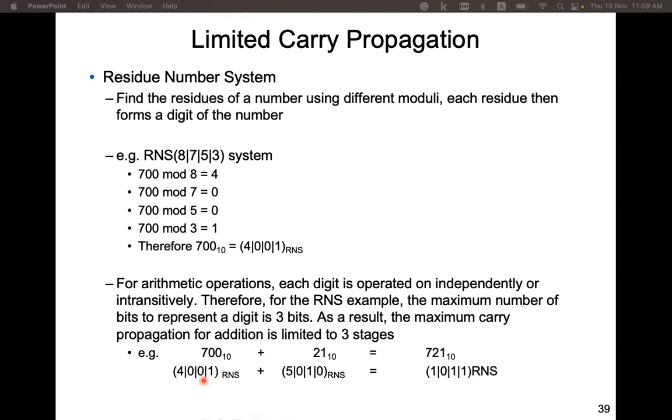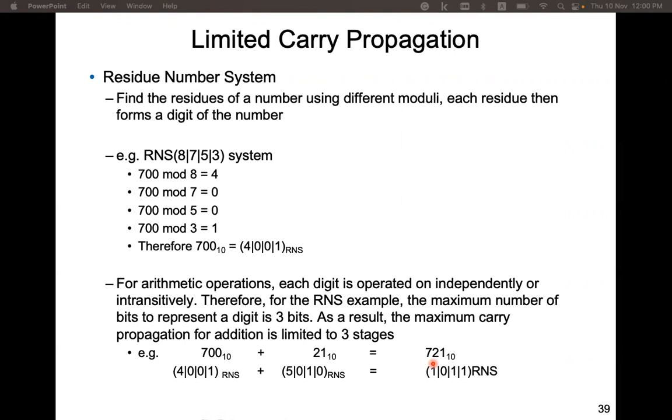And then for basis 5, this position, 0 plus 1, the remainder will still be 1. And for this position, basis 7, 0 plus 0 is 0, and the sum is 0. So the final result is 1, 0, 1, 1. You can check that this is equal to 721. Okay, so no carry propagation.